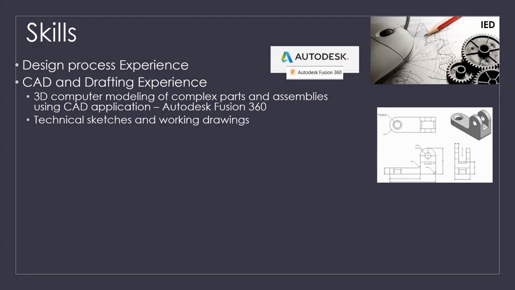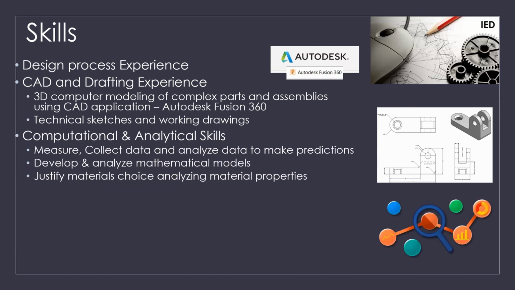They're going to learn CAD and 3D drafting experience. That includes 3D computer modeling of complex parts and assemblies using CAD, specifically Autodesk Fusion 360. They'll include technical sketches and working drawings as well, and creating those. You're going to also learn computational and analytical skills in working through this class, being able to measure, collect data, and analyze that data to make predictions, develop and analyze mathematical models around that as well, and justify materials choices, analyzing material properties.